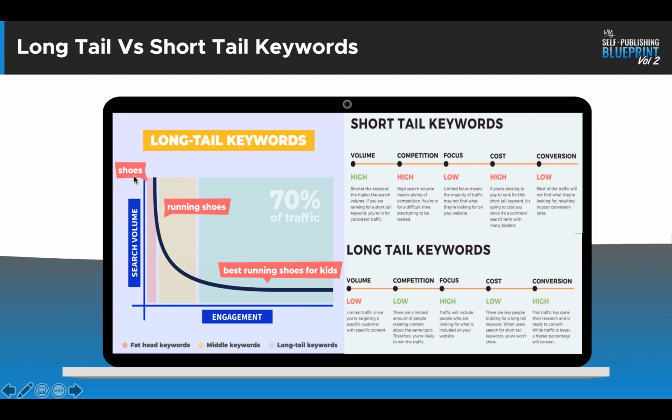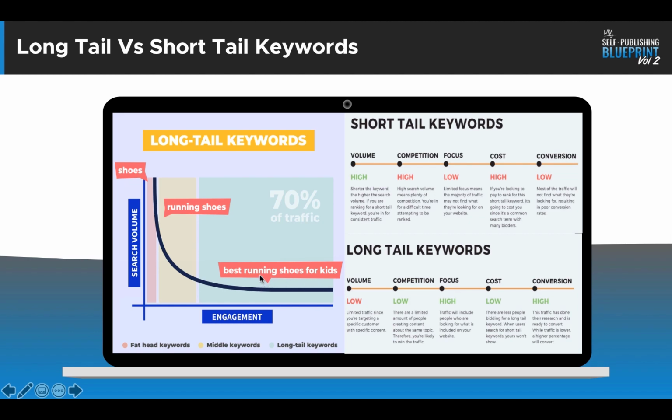So shoes is going to be very high competition. It's going to be high volume. It's not focused. It's going to cost a lot, and it's going to have a low conversion. Running shoes is slightly less search volume, but it's still extremely high. But then if we get into something like the best running shoes for kids, that's very specific now.